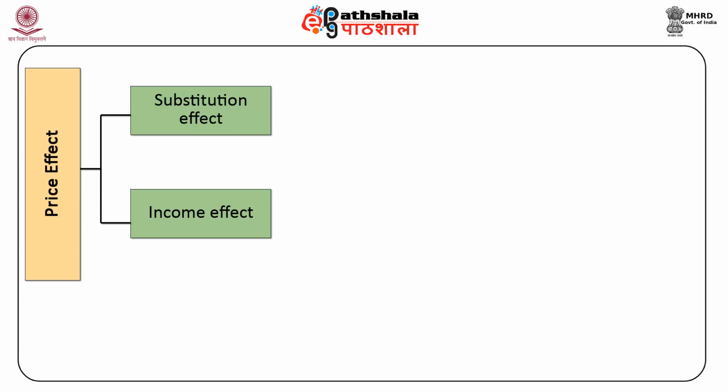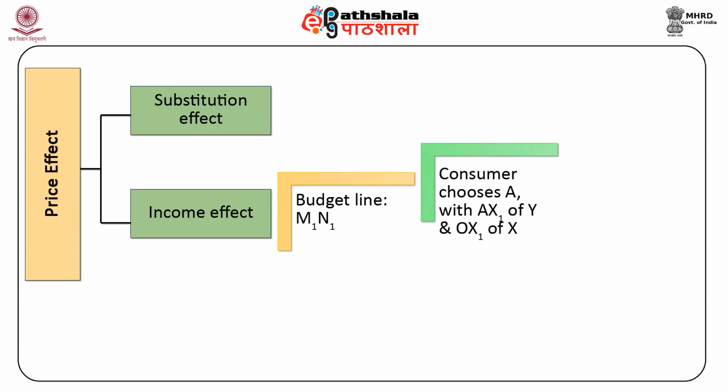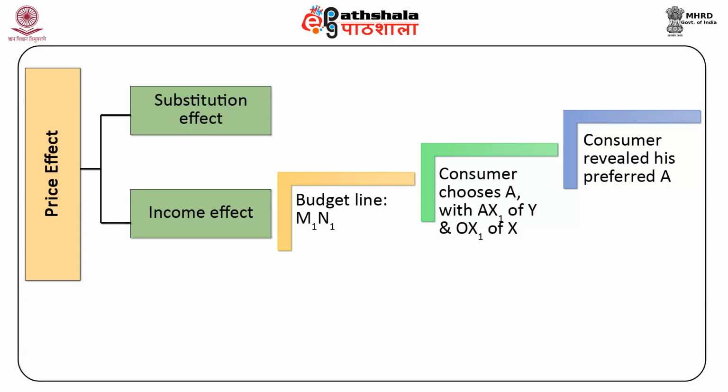For this, let us assume the budget line as M1N1 on which a consumer chooses bundle A comprising AX1 of Y and OX1 of X. Since all the bundles on this budget line are equally expensive to the consumer, but the consumer has revealed his preference for A over all other bundles lying on this budget line.